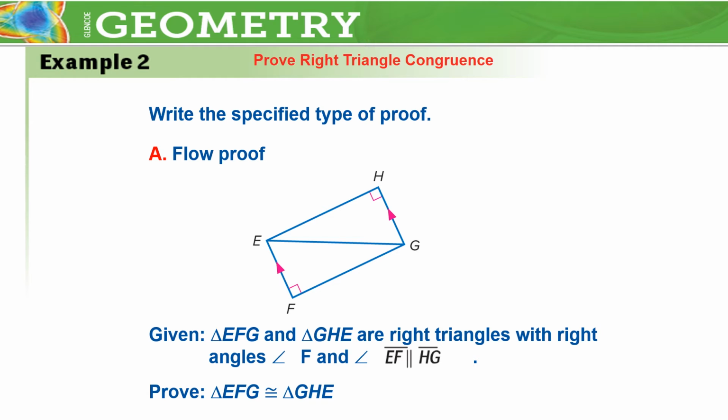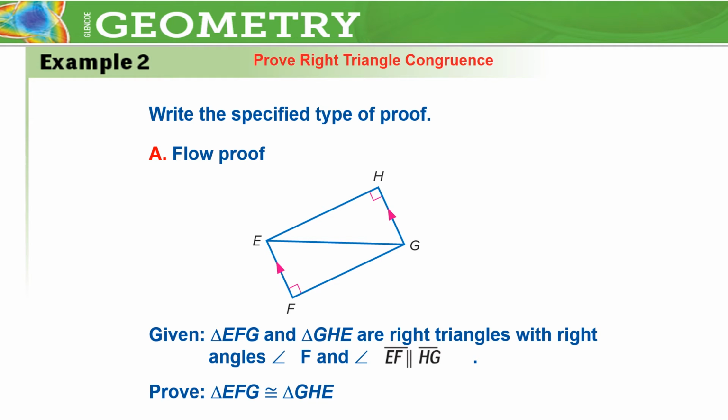Here you have alternate interior angles, like HGE. This angle will be alternate to this angle, FEG. Two angles are equal. Okay. First, you have two right triangles.